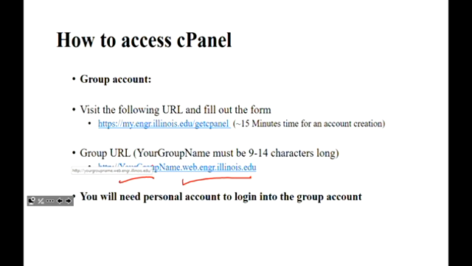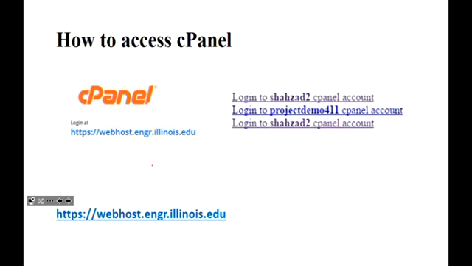You need your personal account to access your own individual account and group accounts. For example, if you are just using your own account right now and have not created your group account, you should be able to see the option to log into your NetID cPanel account. You should be able to see these two lines, I guess. One group is just shown twice.